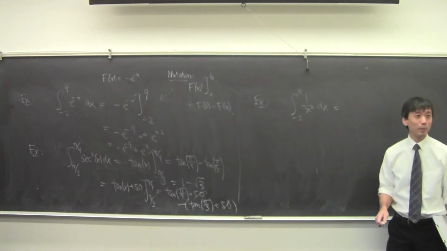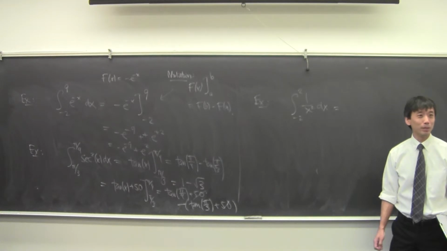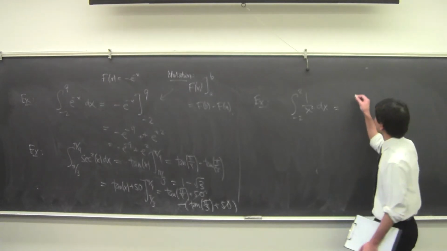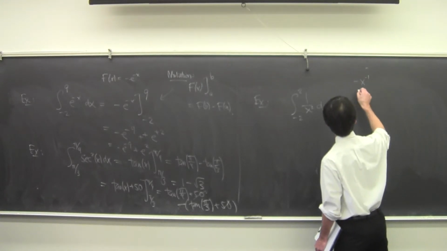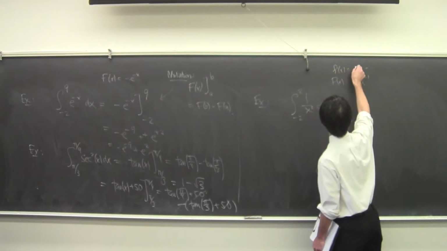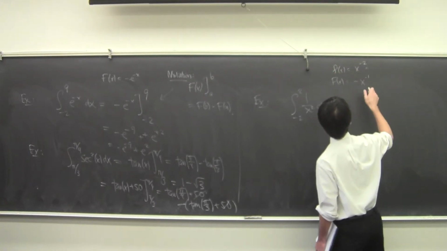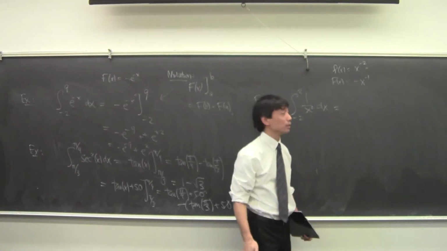Okay, somebody want to tell me anything interesting about this? Or how to do it? How not to do it? Okay, so your f is x to the -2. Then one antiderivative would be negative x to the -1.